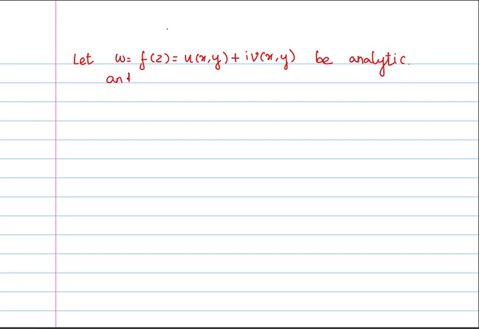and f prime of z is not equal to 0, then the level curves of u and v are orthogonal.